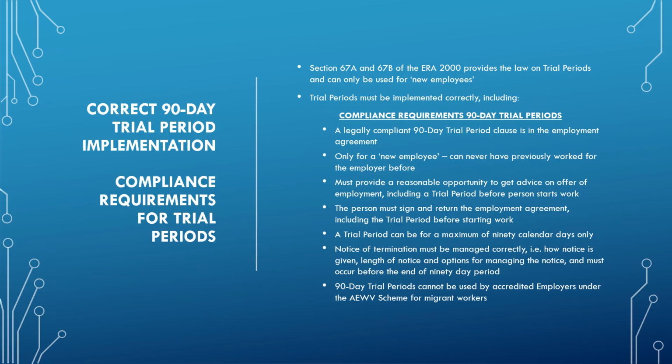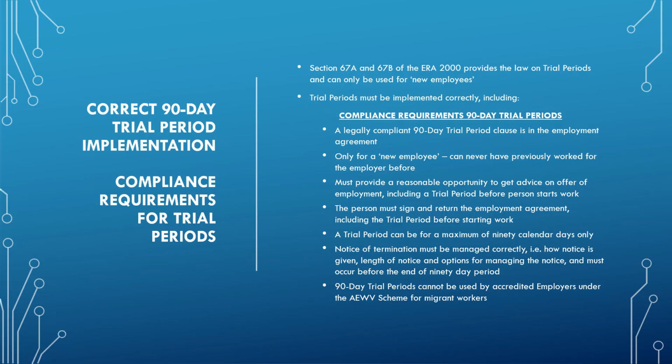If that situation applies and they sign that contract subsequently, whether it's a minute or 30 minutes or a few days or a week after they start working, they're no longer considered a new employee for the purposes of trial period, and therefore the trial period is invalid. So something to be really conscious of as an employer when utilising these clauses. Always make sure you get the contract with the 90-day trial period clause in it returned, signed by the employee before they physically start working.